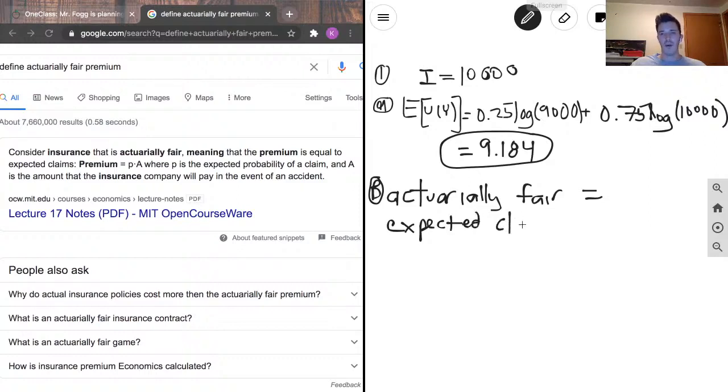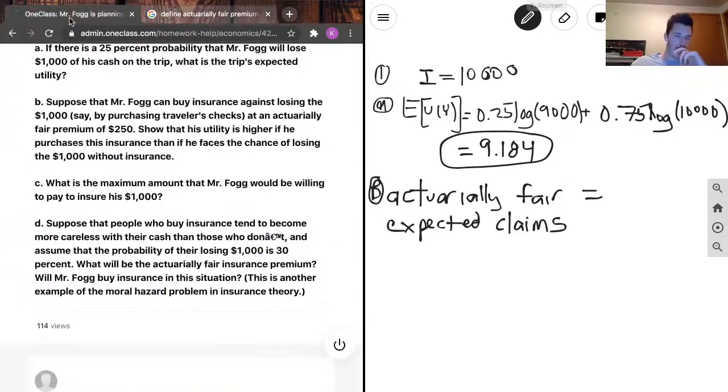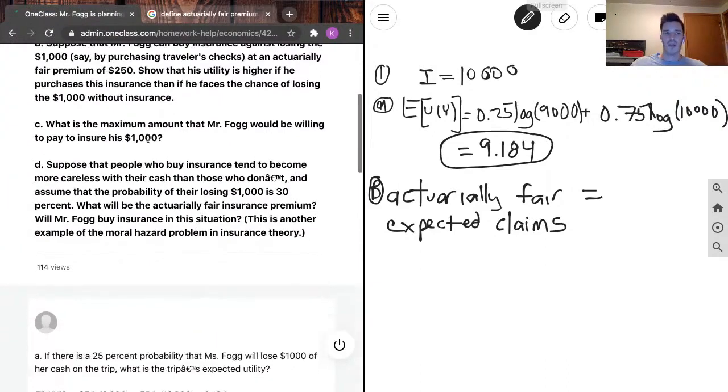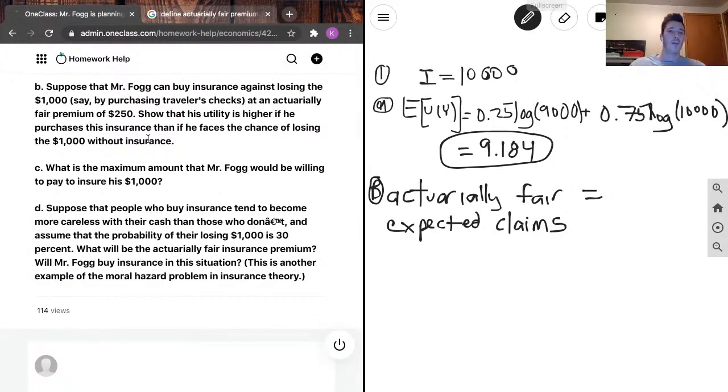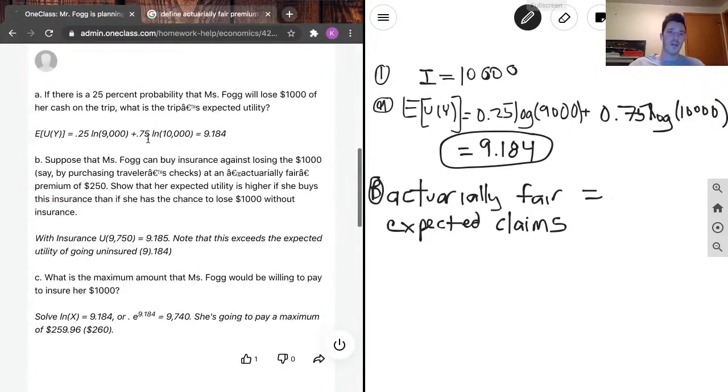And in a perfect world, if they had perfect information, they would know how likely it is that whatever event you're insured against is going to happen to you specifically, and they would charge the actuarially fair price. So suppose that Mr. Fogg can buy insurance against losing the $1,000 at an actuarially fair premium of $250, so that his utility is higher if he purchases the insurance than if he faces the chance of losing the $1,000 without insurance.